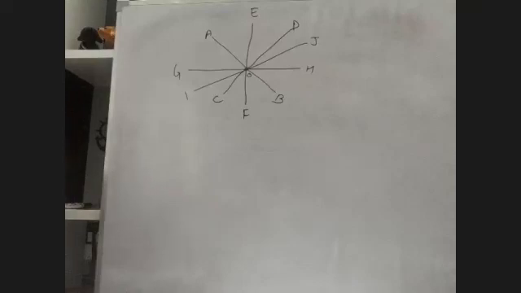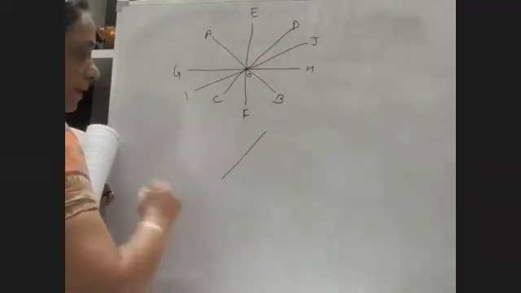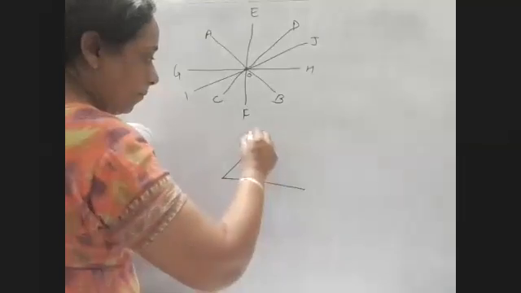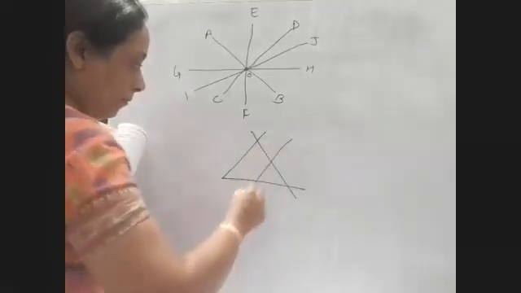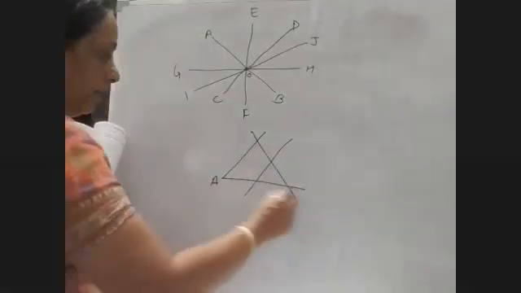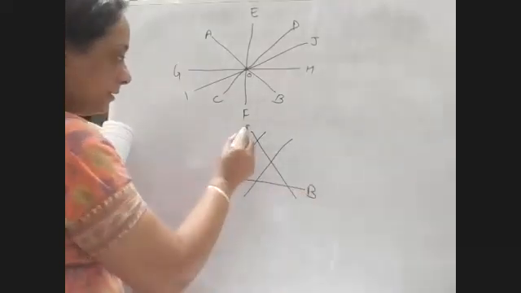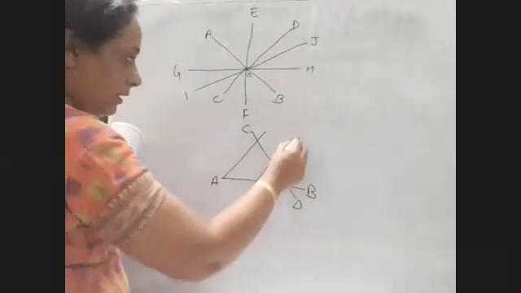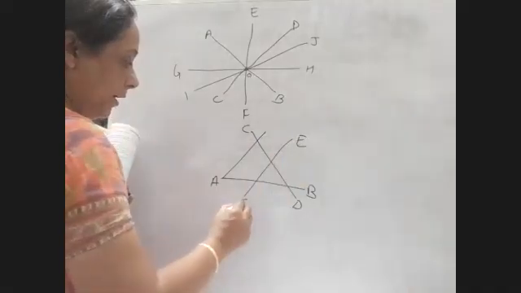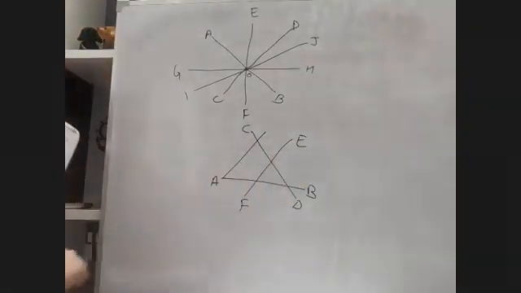Now, non-concurrent lines. Now, line AB, next is CD, EF. These lines do not pass through one point.